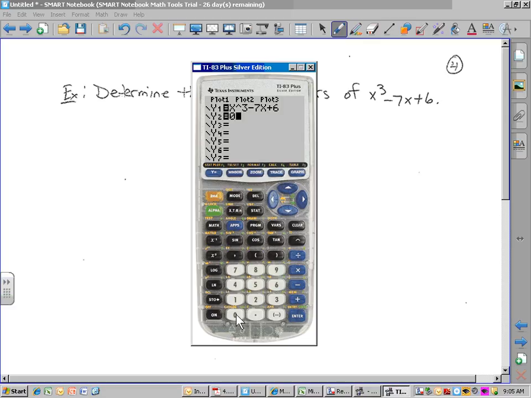So let's go ahead and start with the zoom 6. And we can see there is 1, 2, 3 x-intercepts. Second, trace, which is the calculate menu. Number 5, intersect.